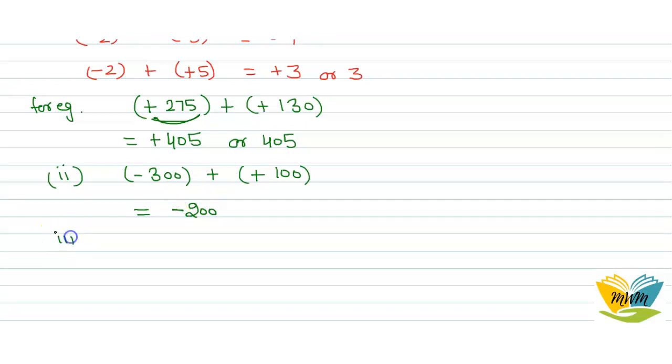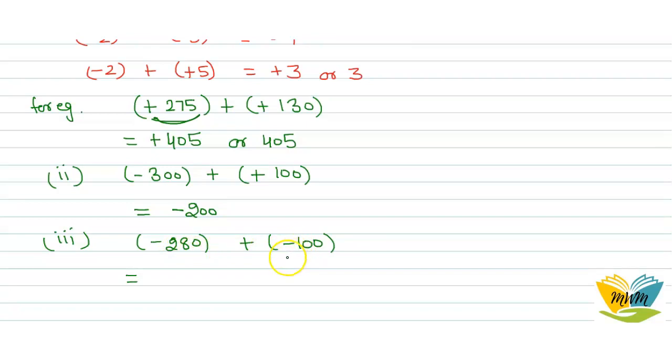Now one more example. Suppose minus 280 is added in minus 100. Both the numbers have the same symbol. Again, both are of negative symbol, meaning minus 280 and minus 100.